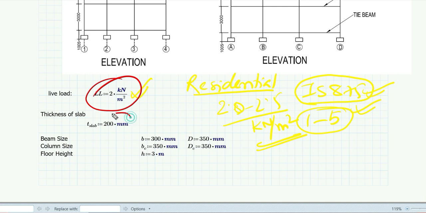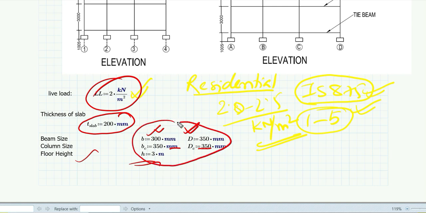Suppose the thickness of the slab that we have assumed is 200 mm. Beam sizes are given, like B equal to 300 mm, D equal to 350, as well as column sizes are also given: BC as 350 mm and DC as 350 mm, and floor height 3 meters. All this information will be given, or you can assume.